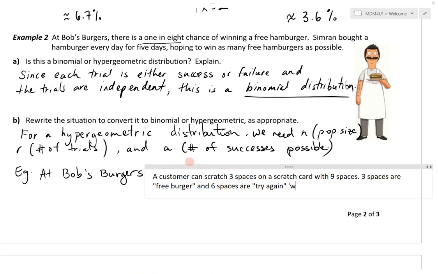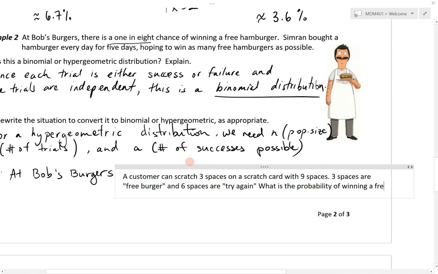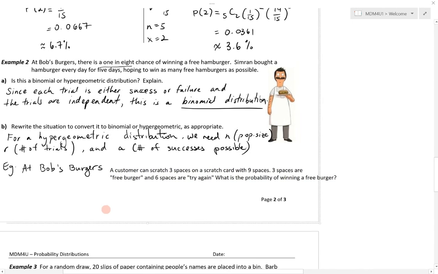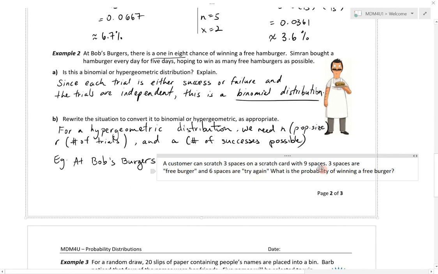Okay, so then what is the probability of winning a free burger? Okay, so here now we have 9 spaces, which is our total population, and we can scratch 3 spaces on that card.